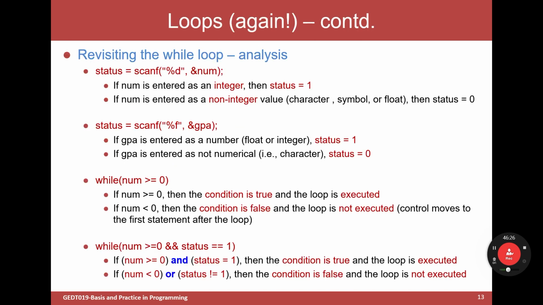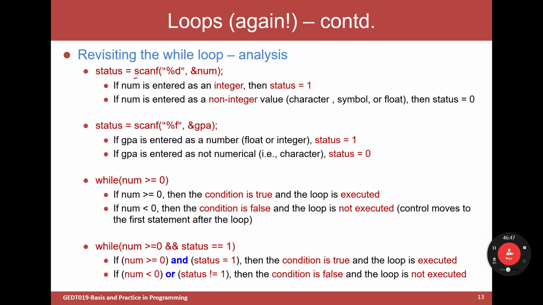Okay, now same as what I told you before about scanf and status. So this is just a summary of what I said. Here I put everything I say in the slide, so later maybe you will forget, or you don't want to watch the video again, you can read the slides and remember everything.